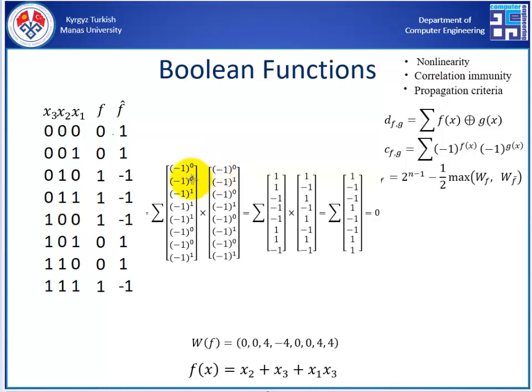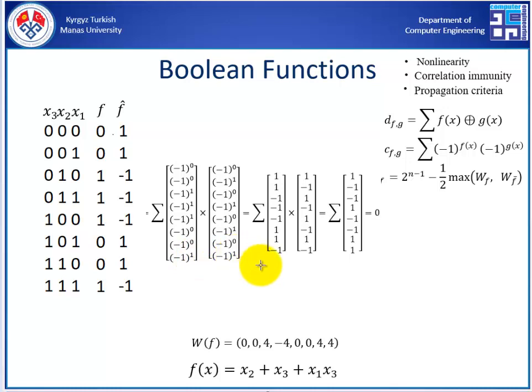XOR of this bit and this one would give us 1. 2 ones, this results in 0. 3 ones. XOR of this element with this element gives us 1. XOR of this element with this element will also give us 1. We have 4 ones, and XOR of this element is 0. XOR of this element is 0. So this rule always works.